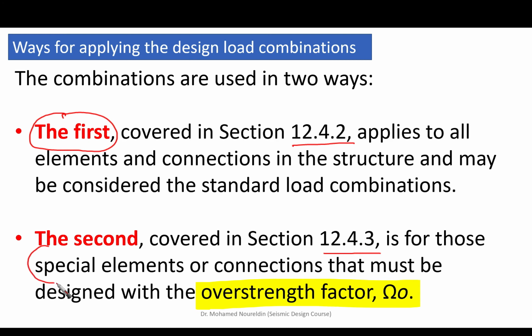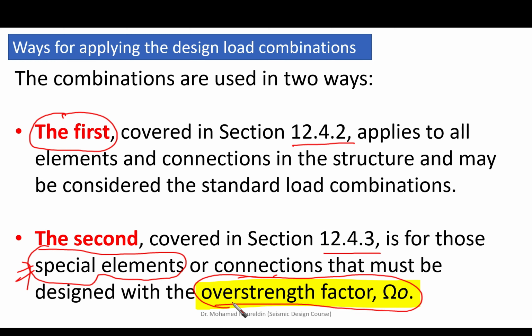Do you remember what we mentioned about the collectors and the columns supporting discontinuous walls? They are considered to be special elements or connections that must be designed with the overstrength factor. We need to work with the overstrength factor in this case.